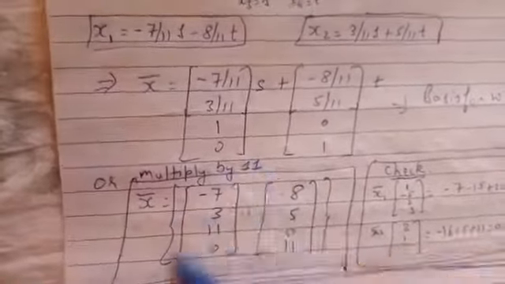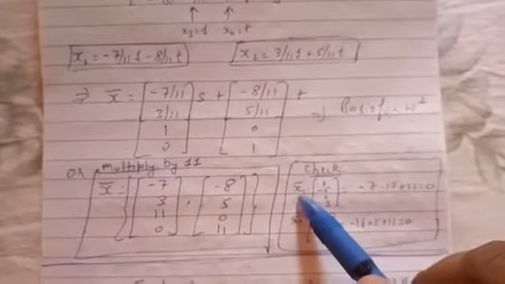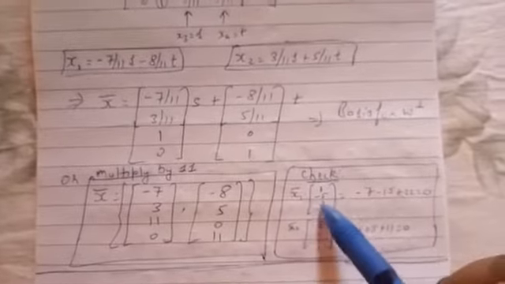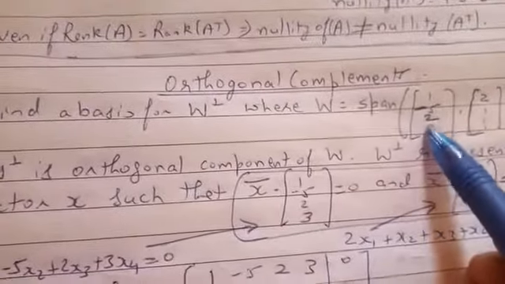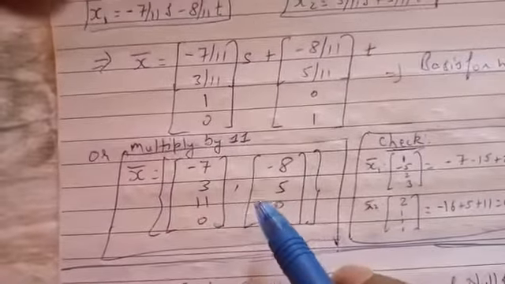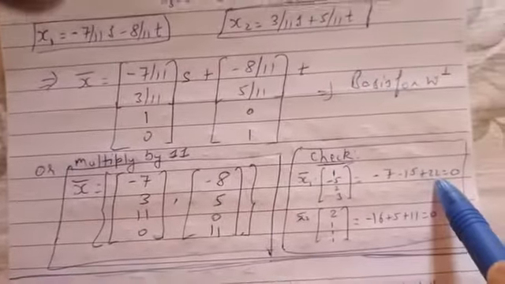So now can we confirm that this is basically the basis? Very simple. Take the vector x1, multiply with (1, -5, 2, 3), which is nothing but the first vector which is given to us. So when you multiply x1 with it, that answer turns out to be 0.